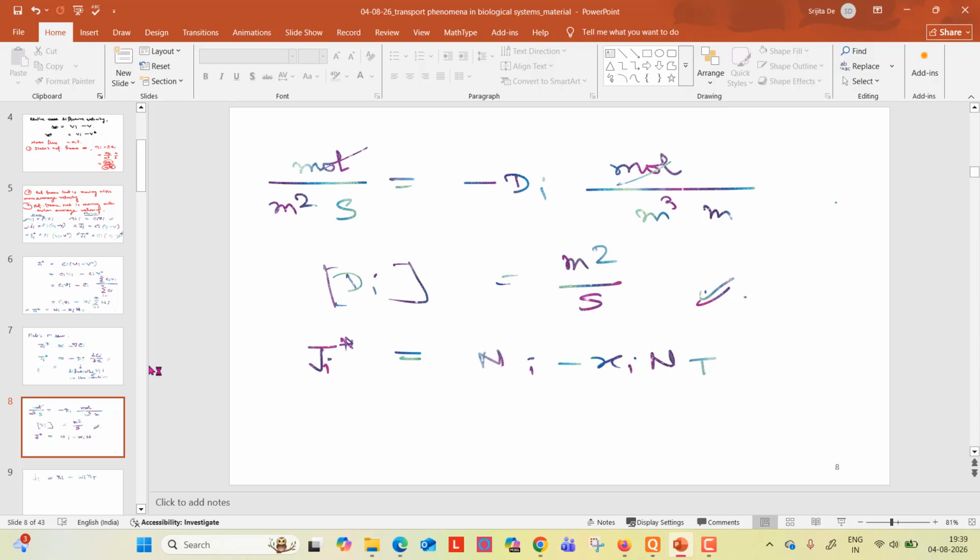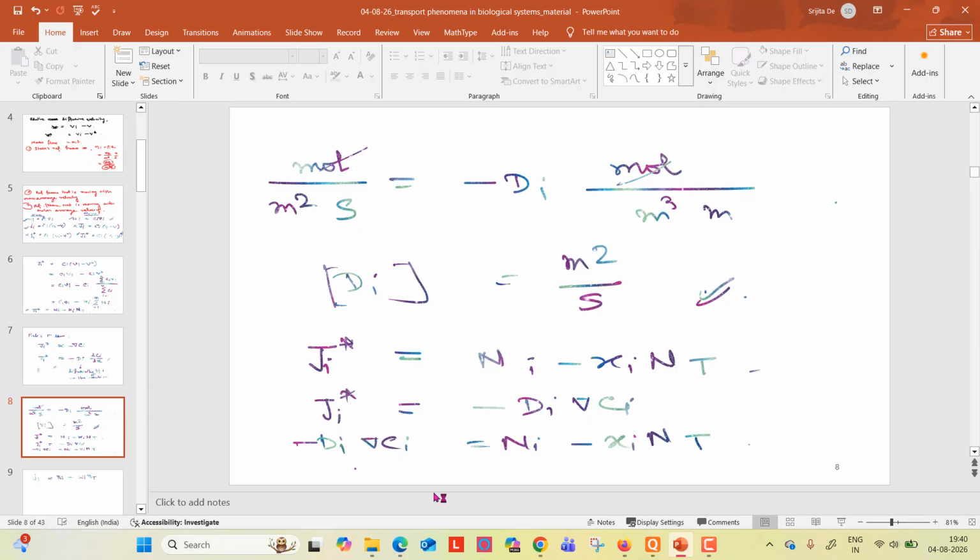We have derived that. And also Ji star equals minus Di grad Ci, right? So if we put this, minus Di grad Ci equals Ni minus Xi Nt, right?